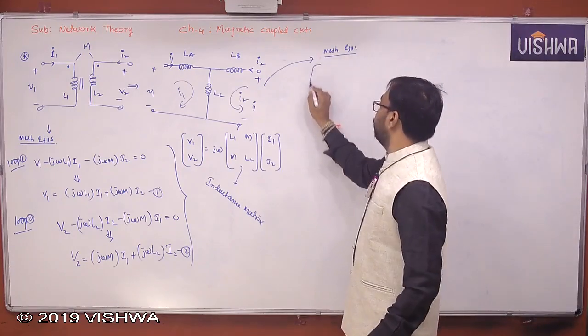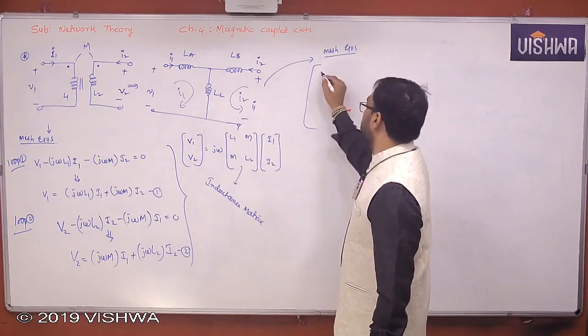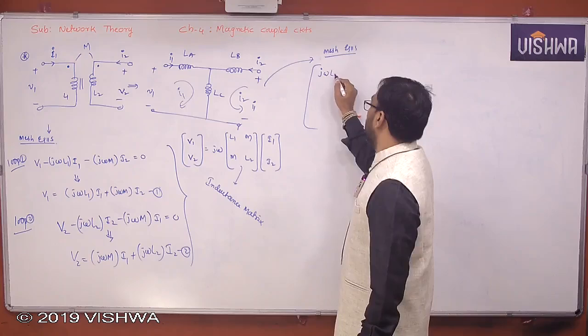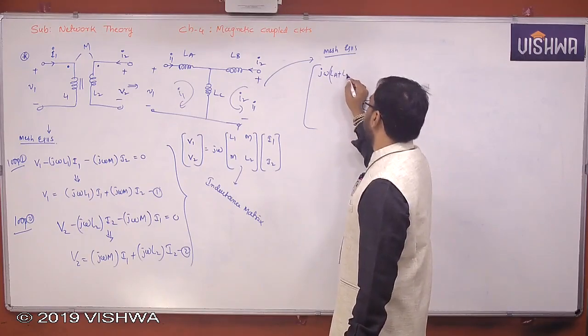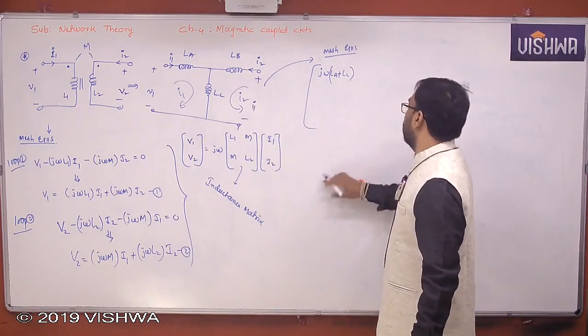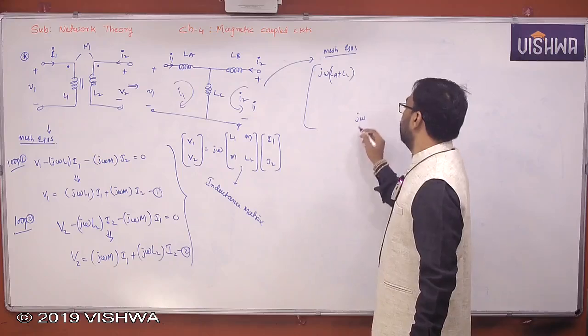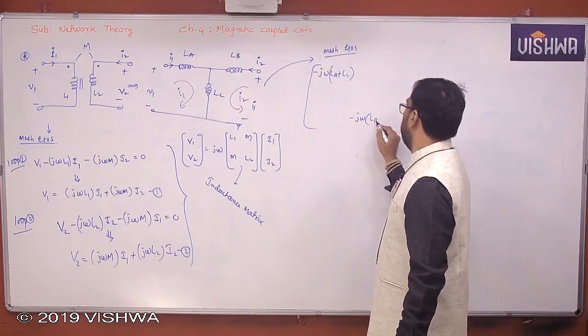Matrix form. Sum of all impedances in the first loop. What is that sum of all impedances? J omega LA plus J omega LC. So let me take common, plus LC. Sum of all impedances in the second loop here, J omega LB plus LC.